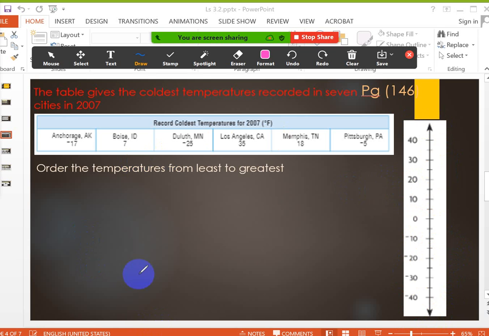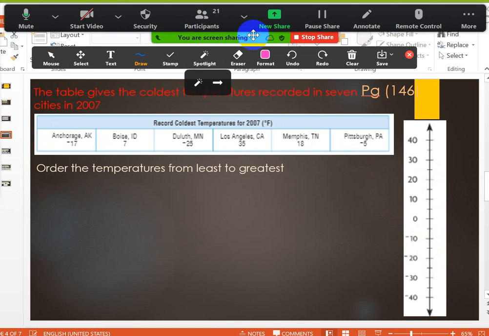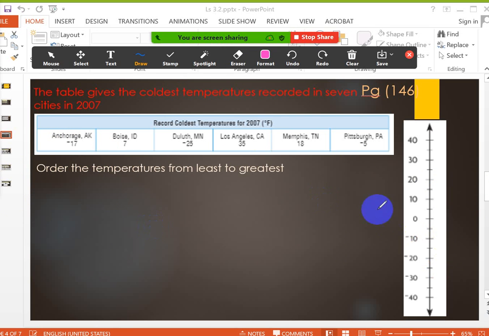So let's locate the first one, negative 17. Look, the steps between two numbers on the number line is 10. So if I want to find negative 17, girls, it will be between negative 10 and negative 20, right? It will be down on the negative side.